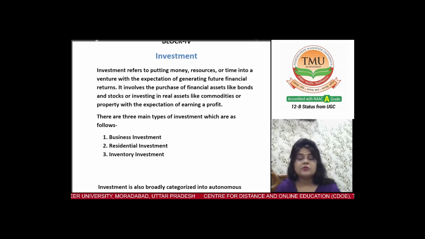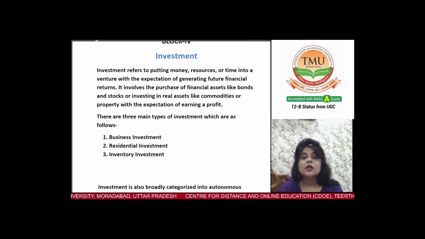Business fixed investment means investment in the machines, tools, and equipment that businessmen buy for use in the production of goods and services. The stock of these machines, plants, equipment, etc. represents fixed capital.